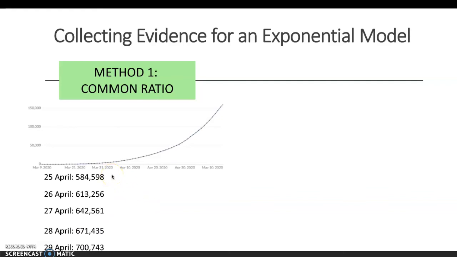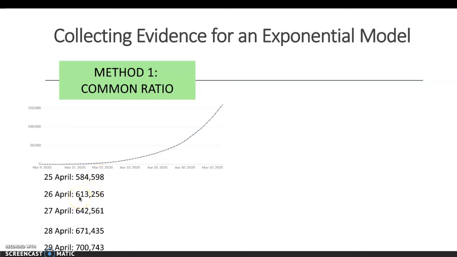Again, if we think it's an exponential function, then we should be able to find a constant ratio, or you can think of it as a growth rate from one term to the next term. So it's like a multiplier, right? If you want to find what that common ratio is, we have to divide one term by the previous term.